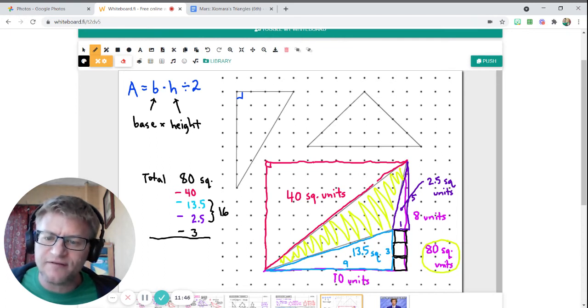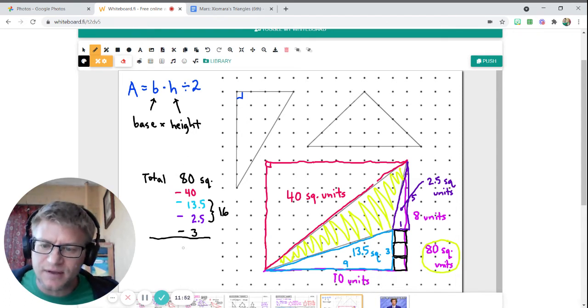So I'm basically doing 40 minus 19. And 40 minus 20 would give me 20, so the answer must be 21 square units. Now, isn't that wild that you can do it that way? 21 square units is the area of the triangle, right?